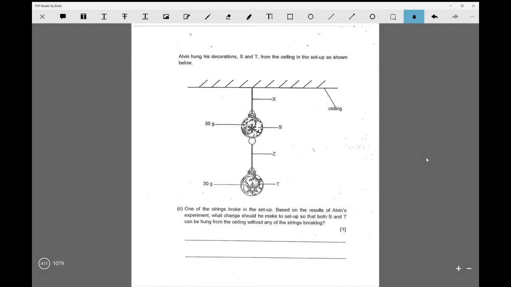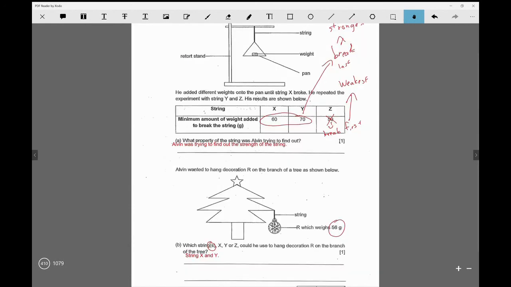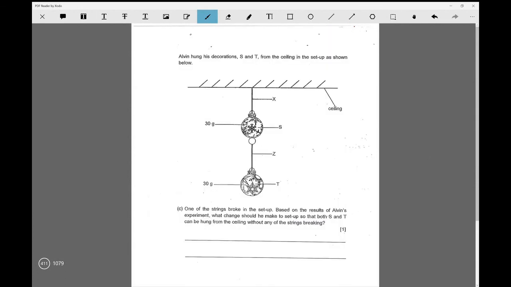Okay, this question is a continuation from the previous. Okay, now, material S is 30 gram, material T is 30 gram. Let's look at X and Z. So just now we already found out, right? X can support up to 60 gram, Z can support up to 50 gram.